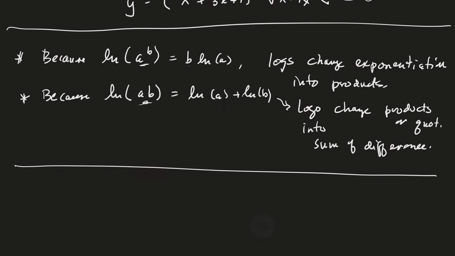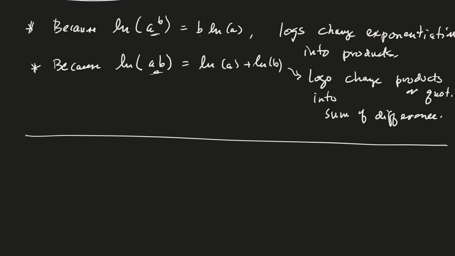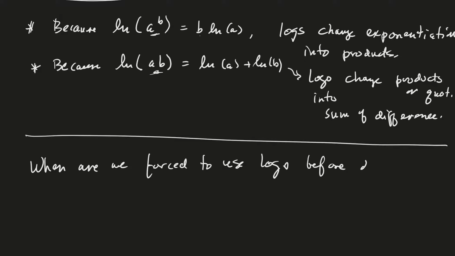And so up to this point, we've really had a choice as to whether to use logarithms or not. And so the one question might be, is there an example where you're forced to use logarithms to differentiate? And the answer is, I guess I better write down the question first. When are we forced to use logs before differentiating?